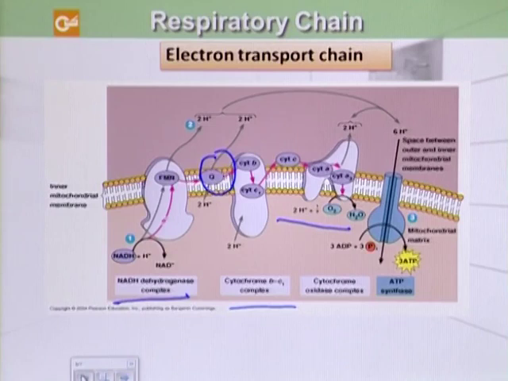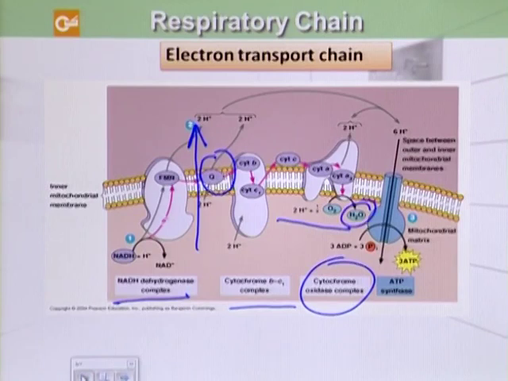They drive protons across the mitochondrial membrane, and the electron is then carried by another carrier, called cytochrome C, to the cytochrome oxidase complex. This complex uses 4 such electrons to reduce a molecule of oxygen, and each oxygen then combines with 2 hydrogen ions to form a water molecule.